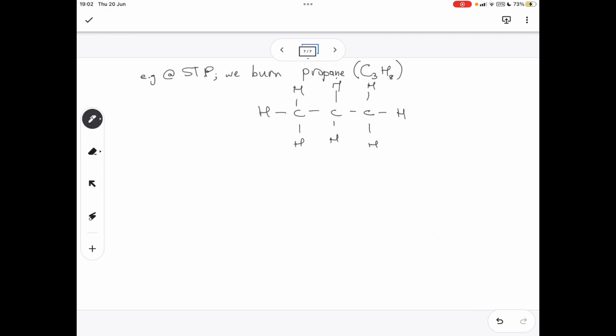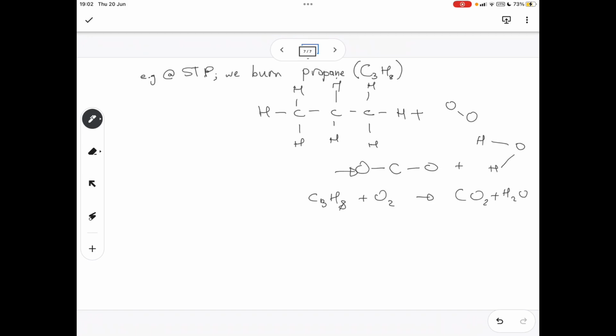And so yeah, for this problem, we're told that this reacts with oxygen, and it gives us carbon dioxide and H2O, right? So C3H8 plus O2 gives us CO2 plus H2O.